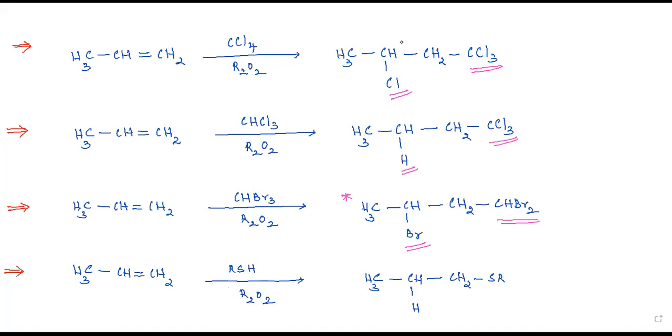So these are the things which get added according to anti-Markovnikov addition. All these are, of course, according to anti-Markovnikov. Okay. So these are some of the free radical reactions. Okay.